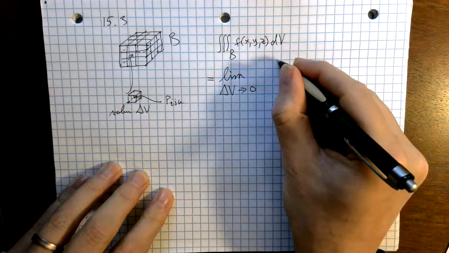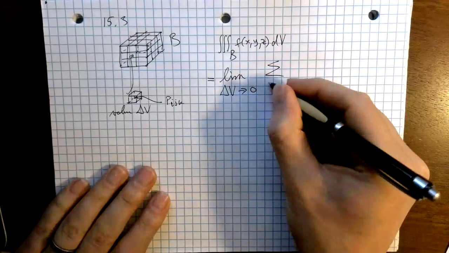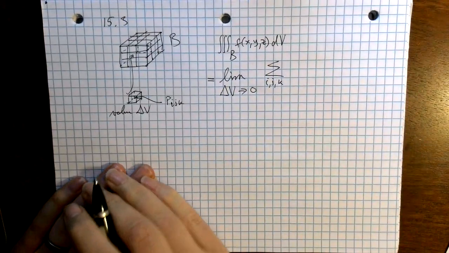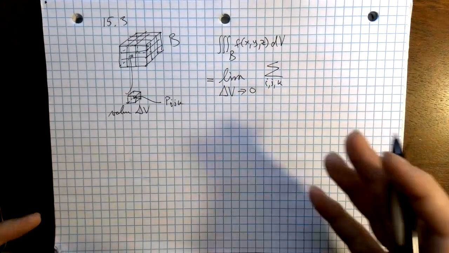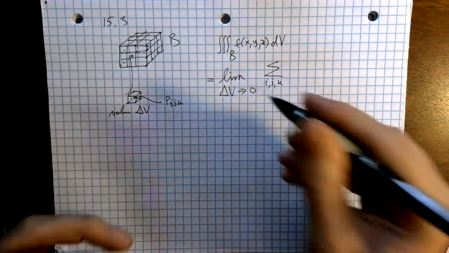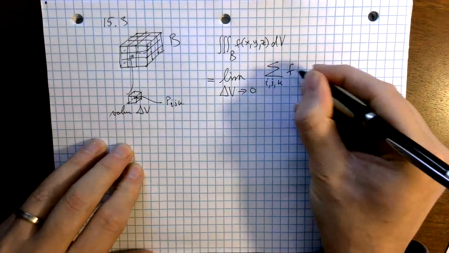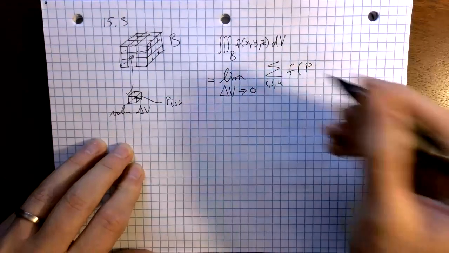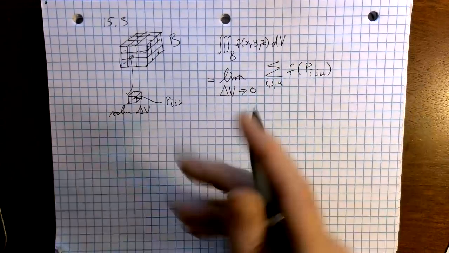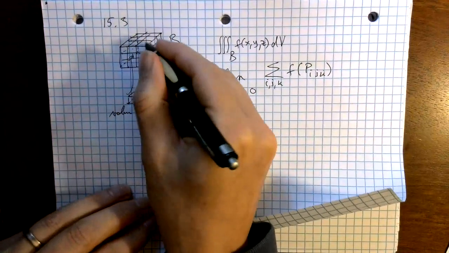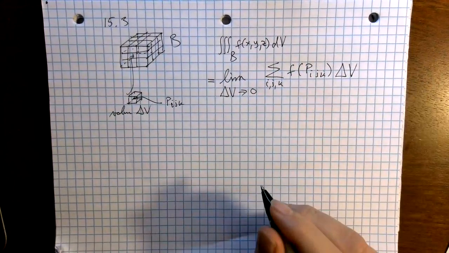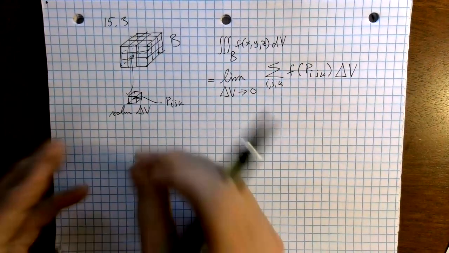So I have, let me just write it as a sum over i, j, k. Let me simplify the notation over here. So we have a sum over all these little boxes, and we're looking at F evaluated at this P_ijk, so on some point inside, and then we're multiplying by the size of these little boxes.